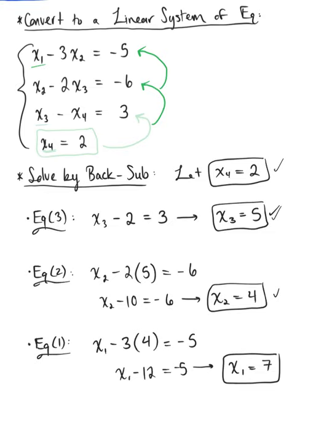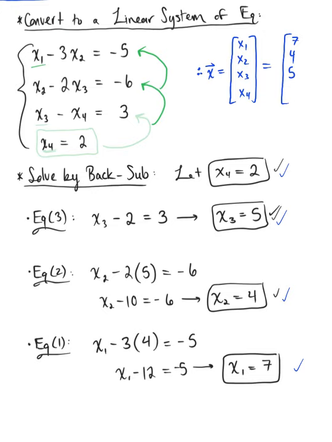And we've done it! Woohoo! We have found each entry of our solution vector, and we can make our final conclusion and say that the solution vector x, which is in R4, so our solution vector has 4 entries, x sub 1, x sub 2, x sub 3, x sub 4, and we found this to be the vector 7, 4, 5, 2.